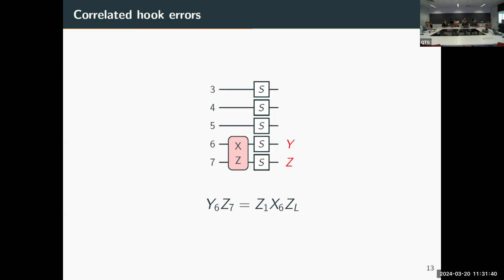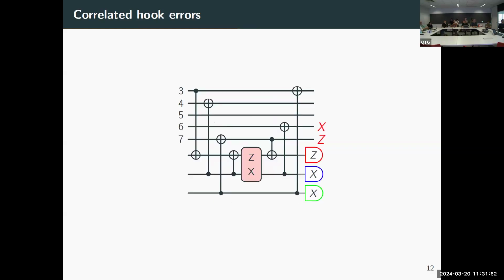And then people came along and said, well, Steane and Shor used too many ancilla qubits and I don't want to implement them, so I want some kind of shortcut. That's where these flag schemes come in. Here you have three ancillas.